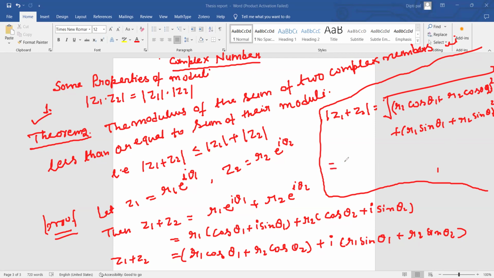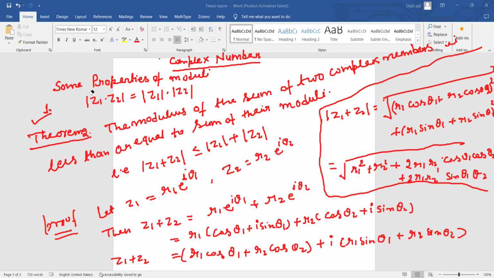So it can be written as R1 square cos square theta 1 plus R1 square sin square theta 1 and so on, so it will be R1 square plus R2 square plus twice R1 R2 cos theta 1 cos theta 2 plus twice R1 R2 sin theta 1 sin theta 2.